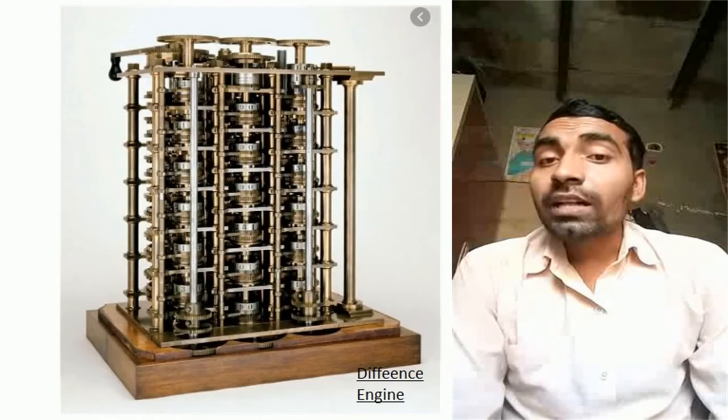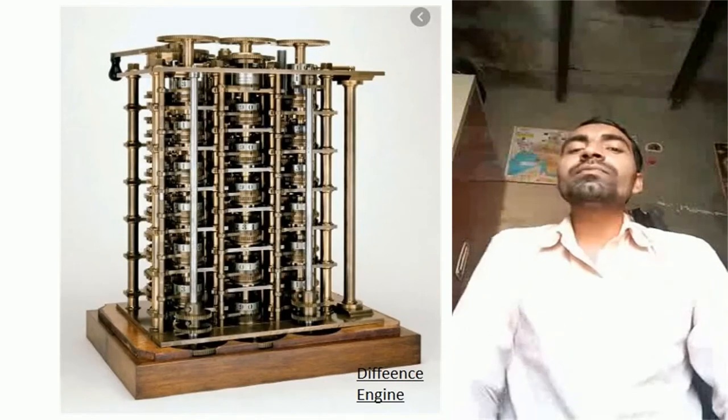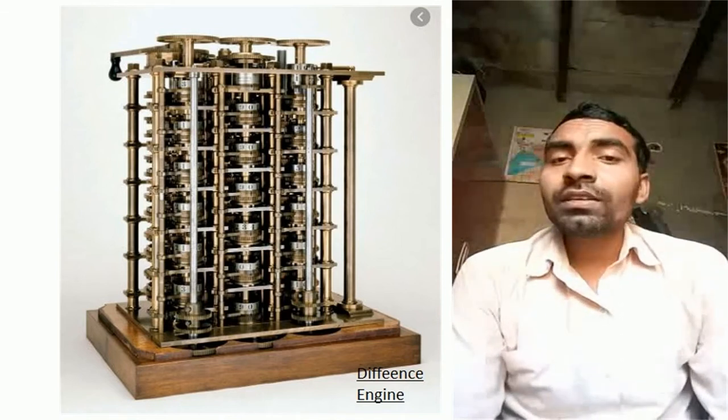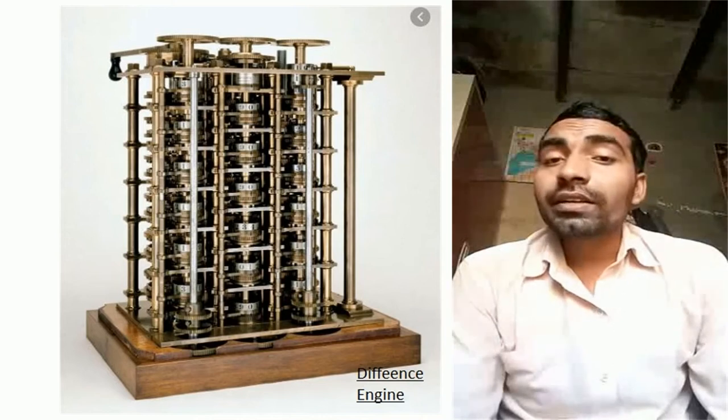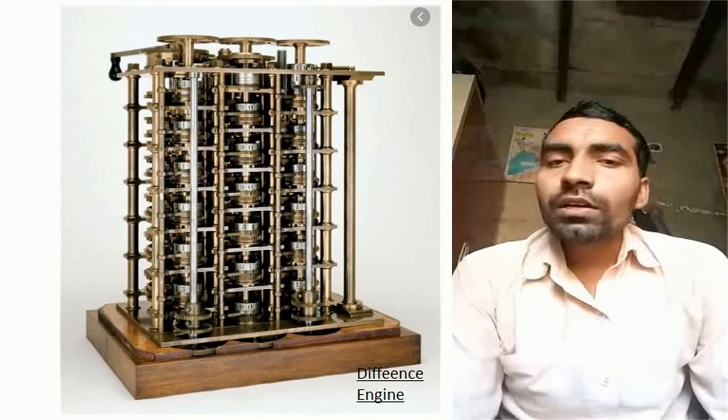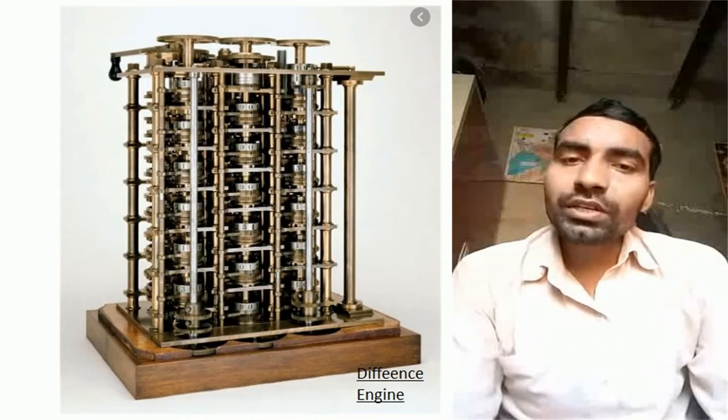Then, as you all have heard the name Charles Babbage, who is also known as the father of computer, he first developed a machine in 1822 known as the difference engine.